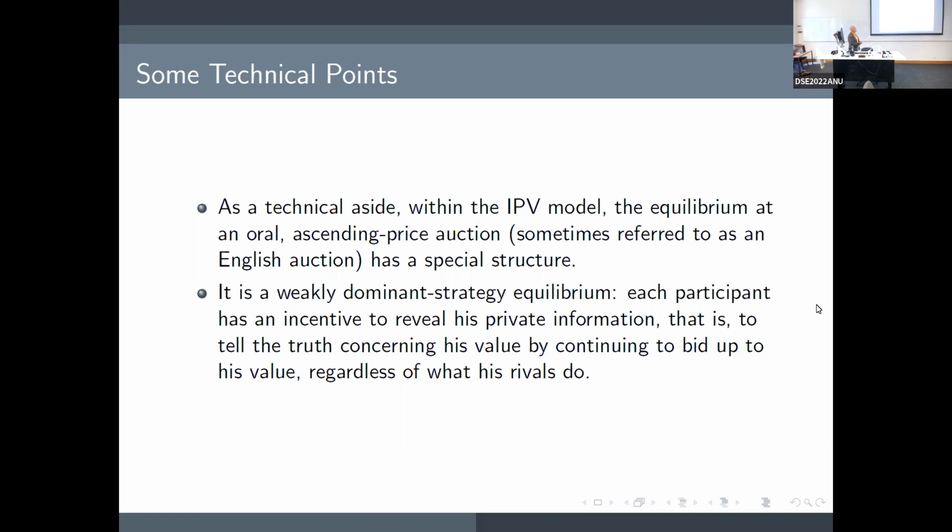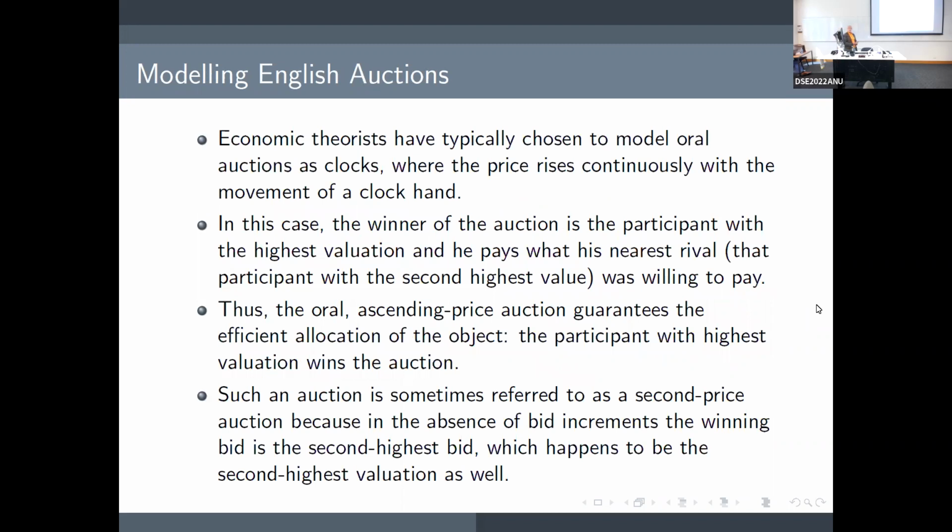What you can show is that in one of these environments, so when you have second price sealed bid or English auctions, it's a dominant strategy for you to reveal your type. That's an equilibrium. In the other two models, what you find is that you have to impose a darker concept, one known as Bayes-Nash.